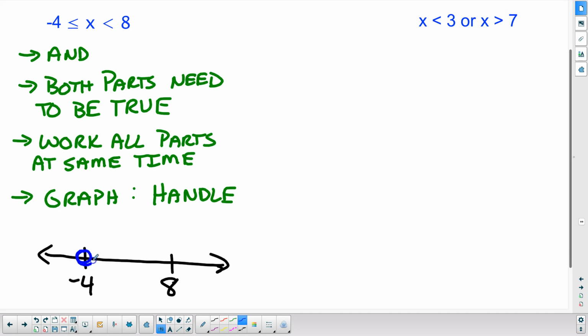We're closed at -4. We're open at 8. And we need to be greater than -4, which is to the right from -4, but we need to be less than 8, which is to the left of 8. So it's in between those two numbers. Okay? And they both have to be true there, and that's the only spot where both are true.